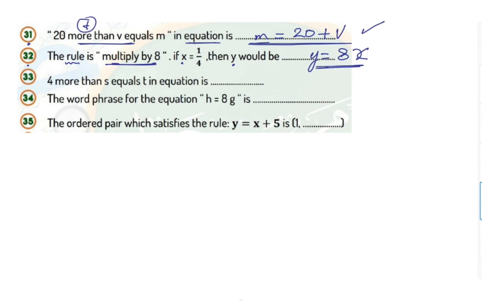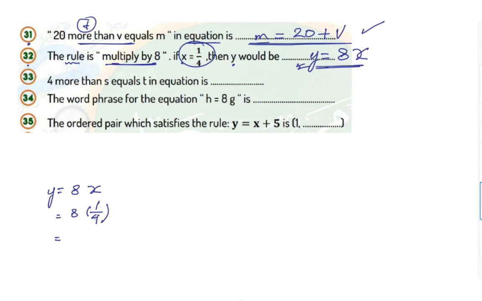So first we find out the rule, then I need to find the value of y at x equal 1/4. Note with me, I have y equals 8x. I will substitute x with 1/4. I have 8 times 1/4, and I can simplify this operation.